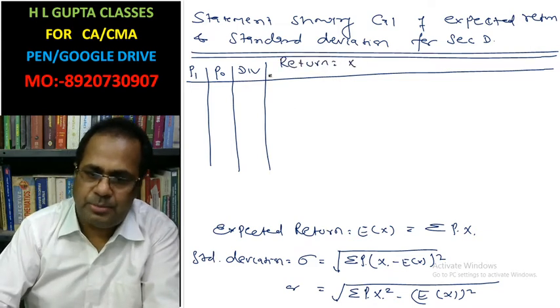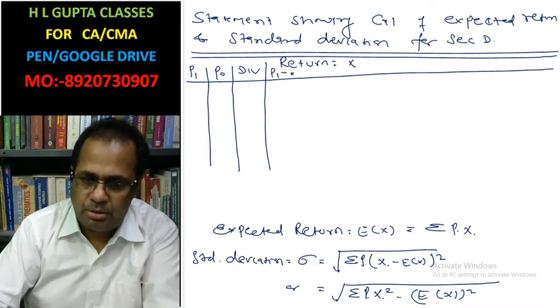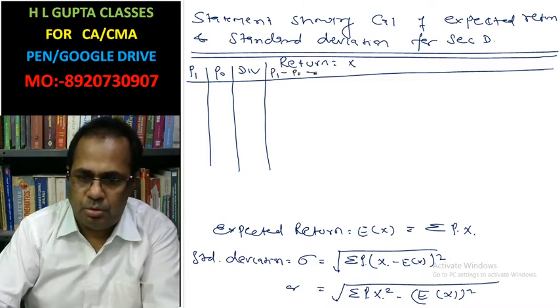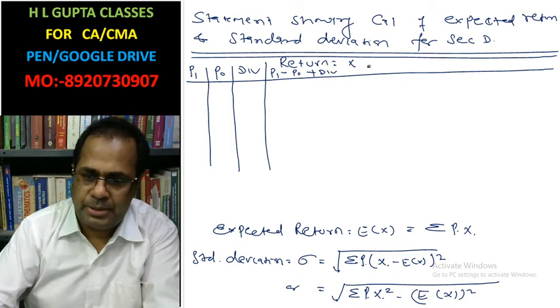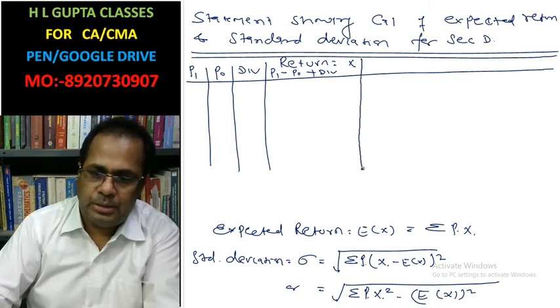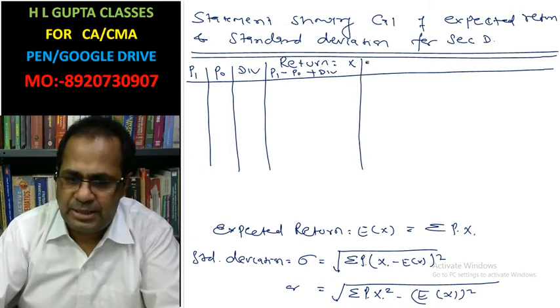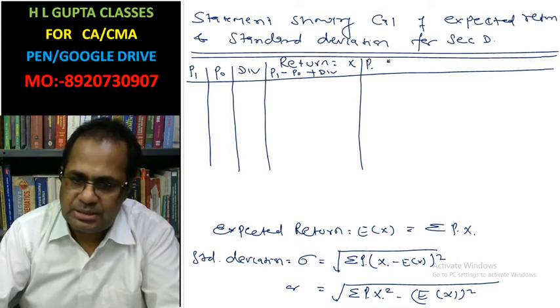Return is represented by xi: P1 minus P0 plus dividend. This is a PI, this is a probability.